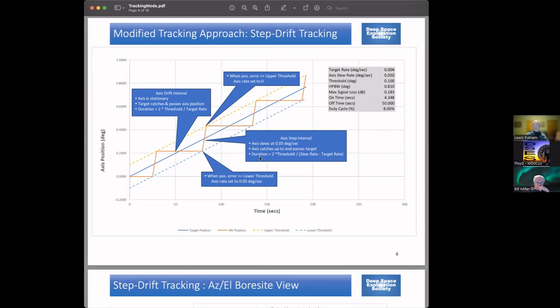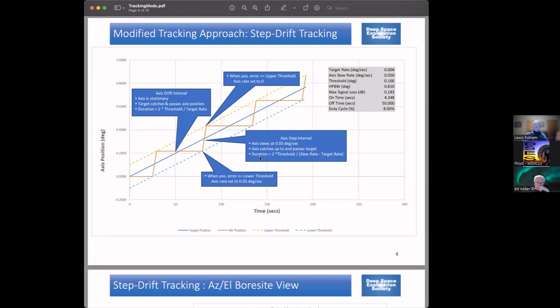The slew rate is 0.05 and the threshold is 0.1. While it's not relevant on this slide, we'll use it later: it's using a half power bandwidth of 0.81, which is really the bandwidth for a 1420 megahertz signal.